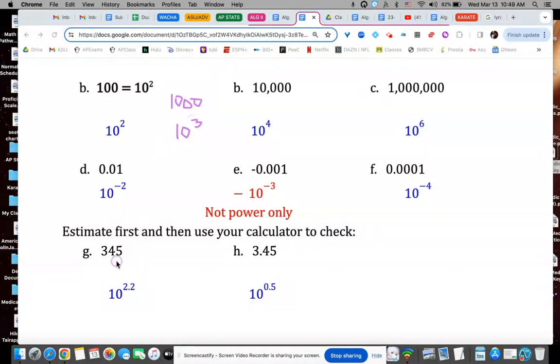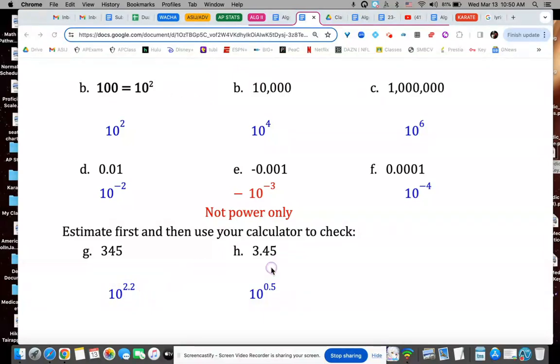So 345 is somewhere between 100 and 1,000, so my power is going to be somewhere between 2 and 3 to give me that number. 345 is closer to 100 than it is to 1,000. So it's a little less than 2.5, like 2.4, 2.3, maybe even less. And if you look at the real answer, it comes out to 2.2.